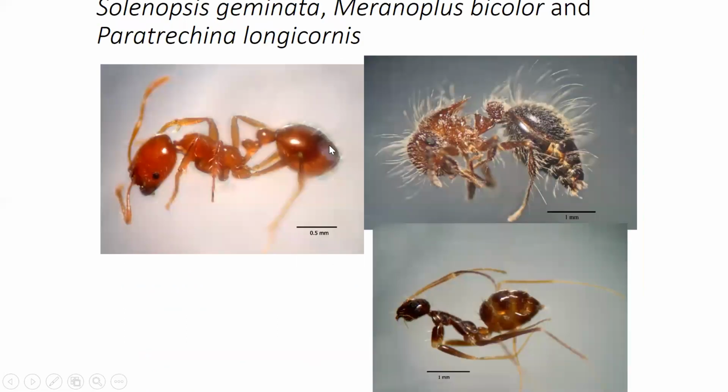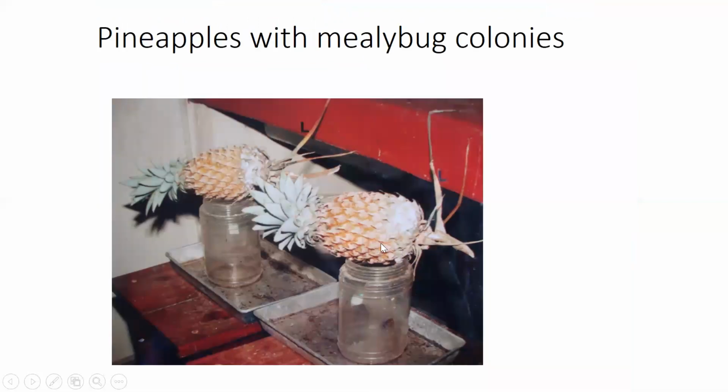I thought it would be interesting to show you the ants. This is Solenopsis geminata, this is Meranoplus bicolor, and this is Paratrechina longicornis. Then pineapples with infested mealybug colonies, because ants spread them and also protect the mealybugs. These white patches show mealybug colonies.